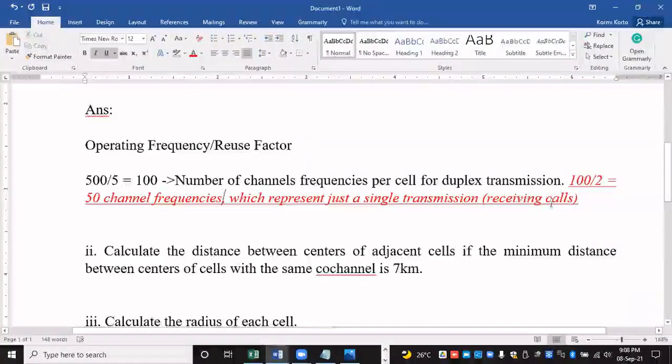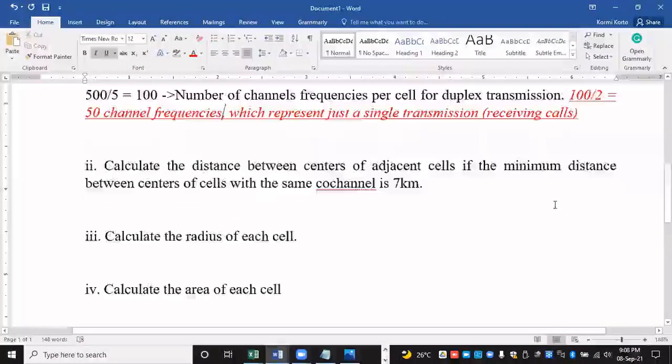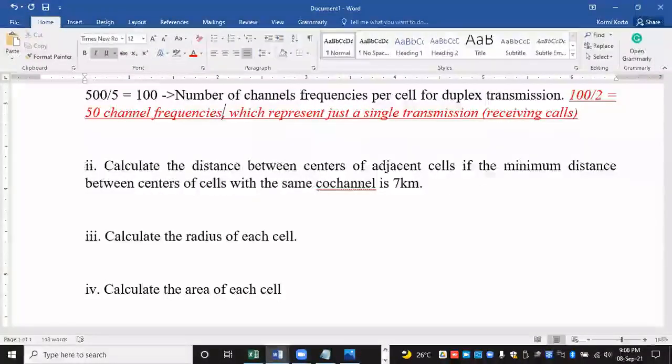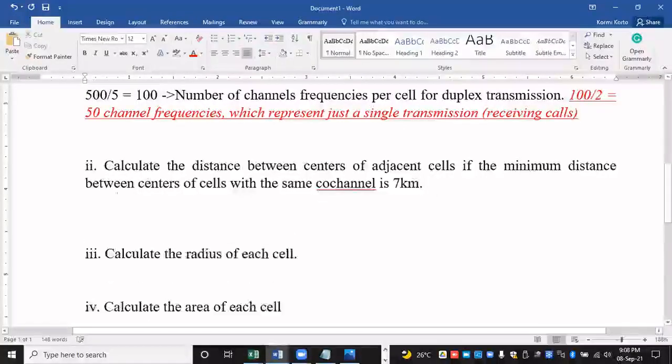In this case, receiving. The next question is calculate the distance between centers of adjacent cells if the minimum distance between centers of cells with the same co-channel is 7 kilometers. So going back to the same rule, the formulas within the slide.